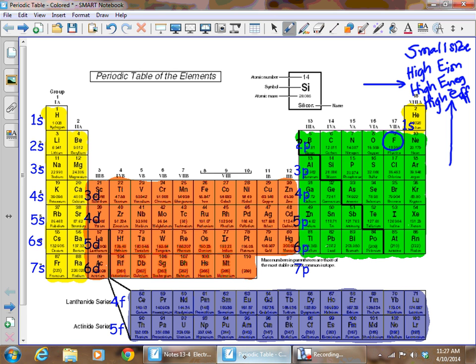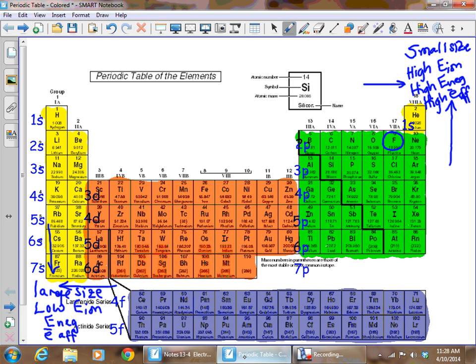On the other side, as we move down the table and as we move to the left, we're going to get our larger size, but we're going to get our low ionization energy, our low electronegativity, and our low electron affinity over in this corner of the periodic table.